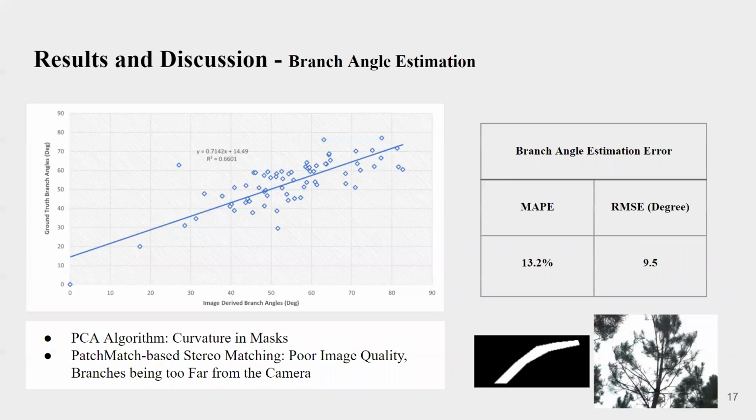The image-derived branch angles were found moderately correlated with the manual measurements, with an R-square of 66%. MAPE here is 13.2%, and RMSE is 9.5 degrees.